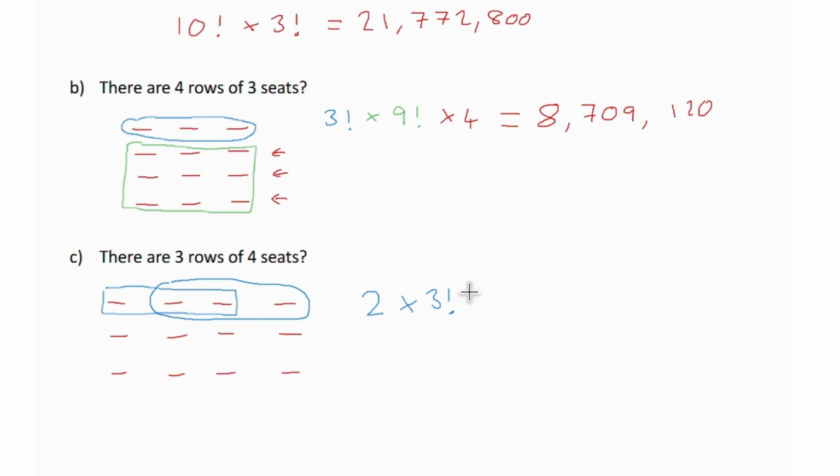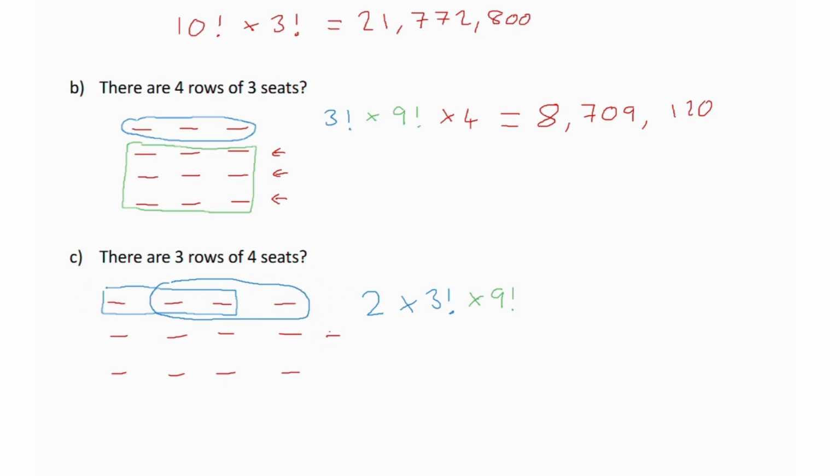After that, we're going to have the other students. Well, there are 9 of them. So then we have the other 9 students, 8 of them in these 2 rows and 1 of them here. But those 9 students could be anywhere within those 9 seats. So we have 9 factorial ways of arranging them. And then just like in the previous one, we didn't have to have had A, B, and C in the first row.